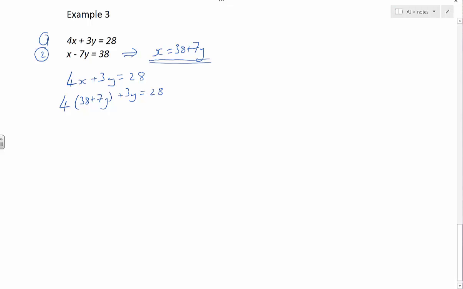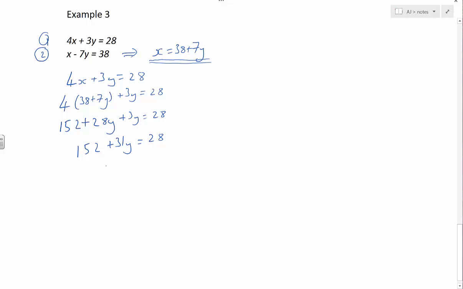4 times 38 is 152. 4 times 7y is 28y, plus the 3y equals 28. So altogether we have 152 plus 31y equals 28.